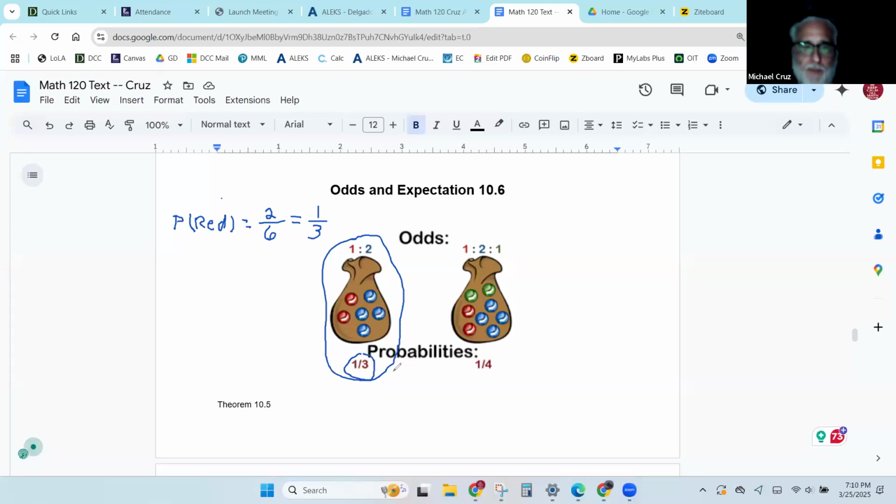Now, odds are slightly different. We don't use the total. So this is odds for, or odds in favor of, getting red.